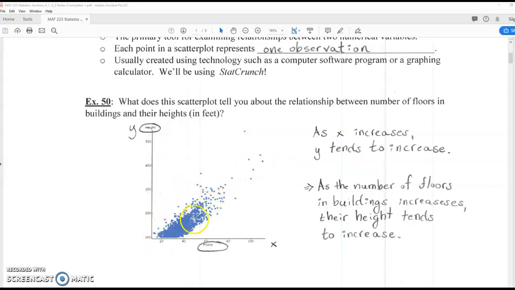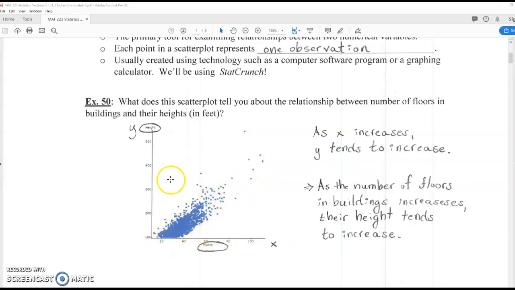But there are several different buildings that we have values for, how many floors they had and how tall the building was, and you can see them with all these individual dots. This is called a scatter plot. We always want to interpret a scatter plot in general by saying, as x increases, in this example, the y value tends to also increase.